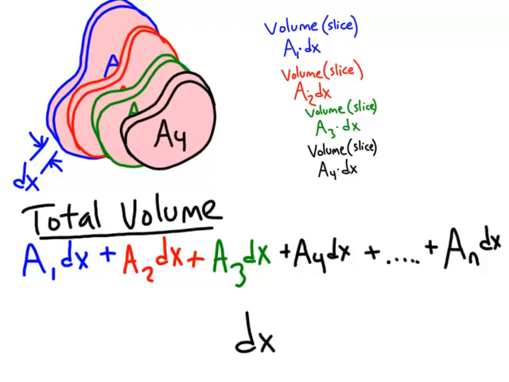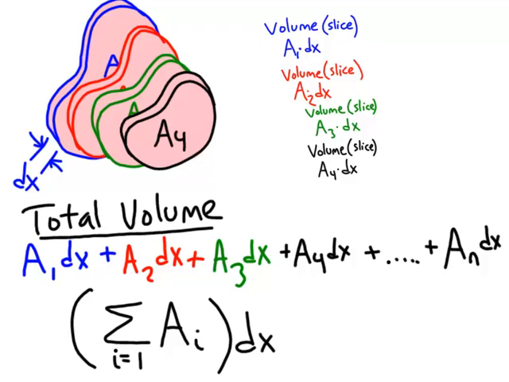So I could take the dx outside some big parentheses. And inside those parentheses, I could write A1 plus A2 plus A3 all the way up to An. But this is starting to feel very familiar. That's what sigma was for. And then this is the case where we'd say sigma of A sub i, starting with i equals 1 and ending with i equals n.